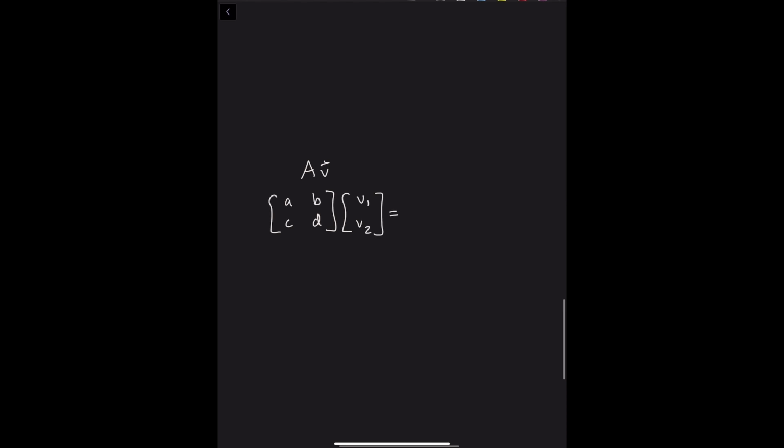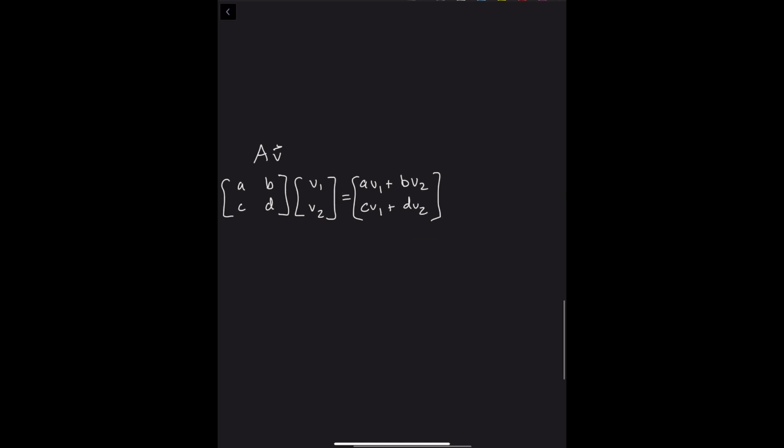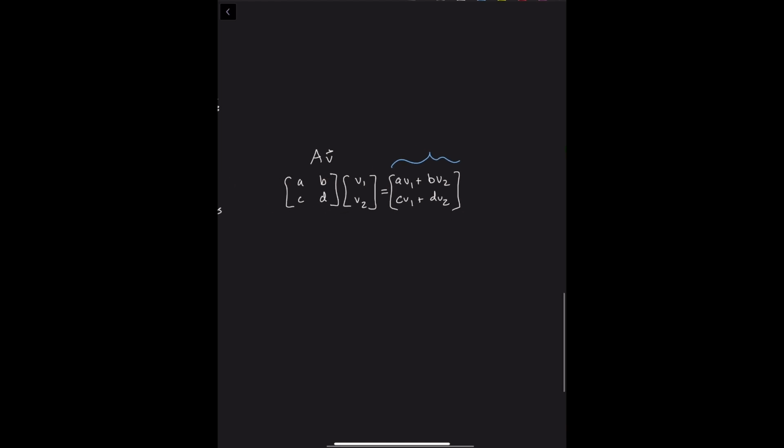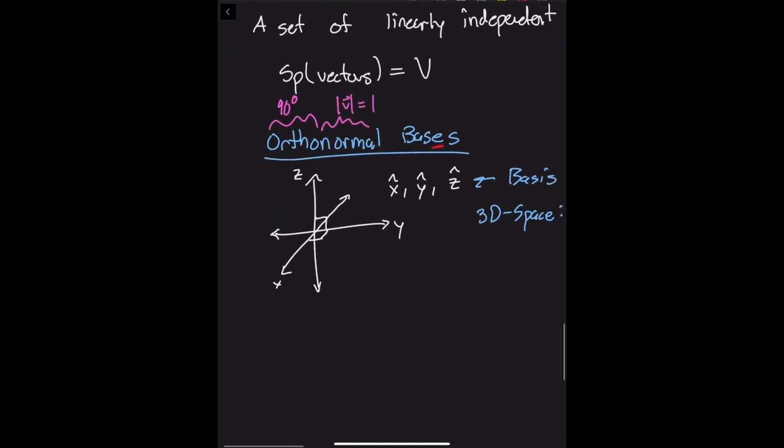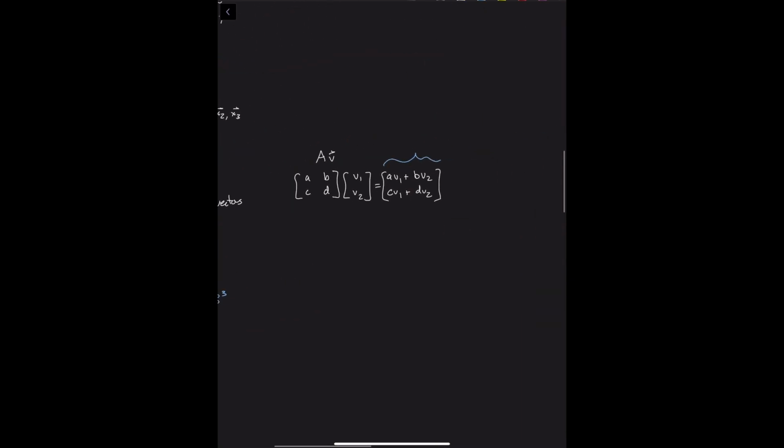So we have a V1 plus b V2, and we have c V1 plus d V2. And this is another vector, right? So actually what we did is we took some vector V1. I'll draw a new axis.